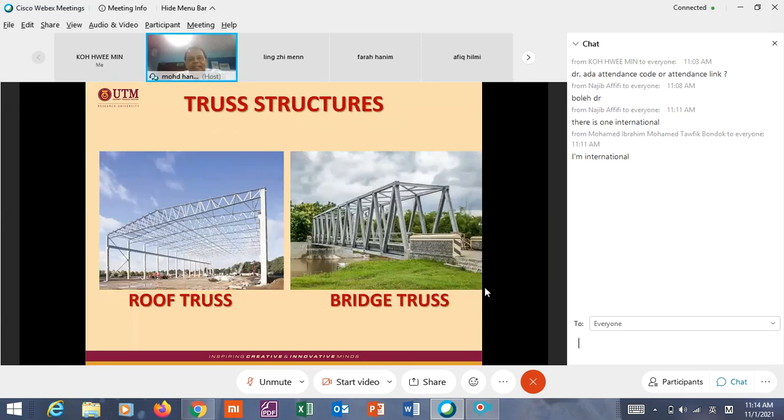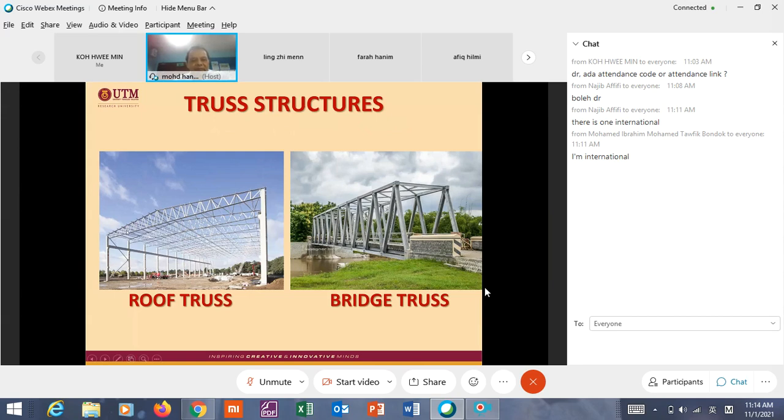Okay, and this is our topic, truss structure. As it is shown in your slide notes, we will consider these two types of structure: roof truss and bridge truss. Roof truss and bridge truss. If you see here, this is a roof truss.